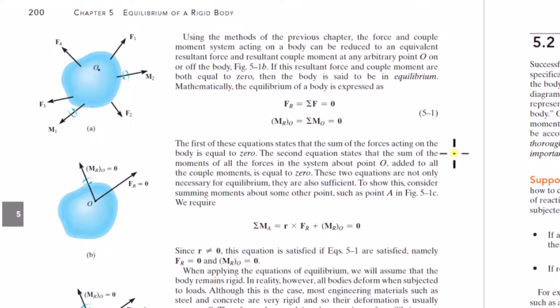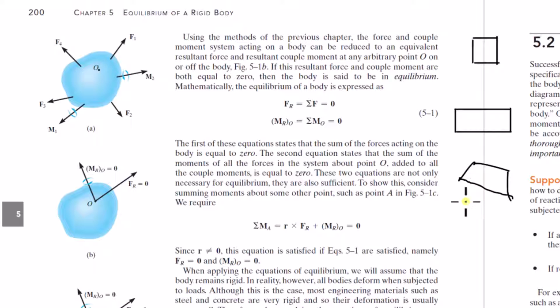So a quick aside here, this idea of necessary and sufficient conditions. Here's an example. I'm looking for the conditions to create a rectangle. I could have a square, or I could have a quadrilateral. A quadrilateral is a necessary condition to have a rectangle.